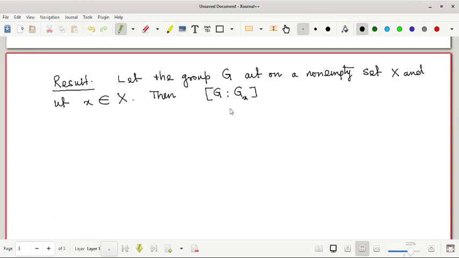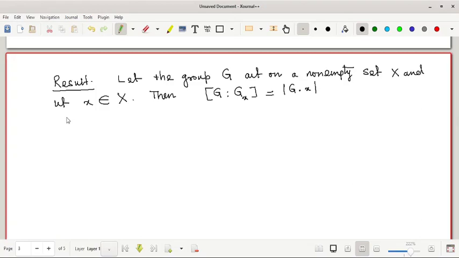The number of distinct right or left cosets of Gx in G. So the index of Gx in G is equal to the cardinality of the orbit, the cardinality of G dot x, this set. So this is to be proved.